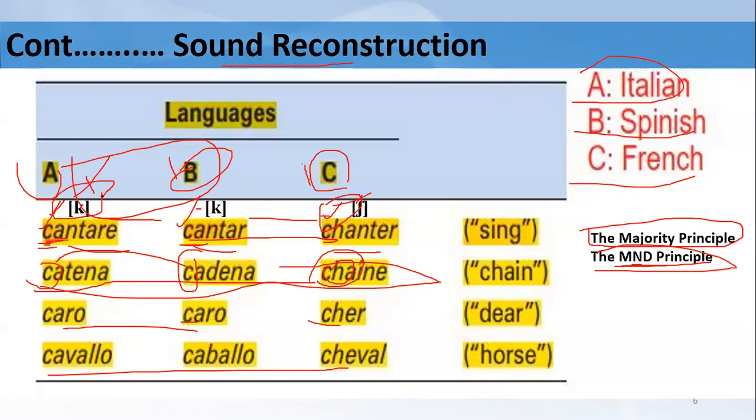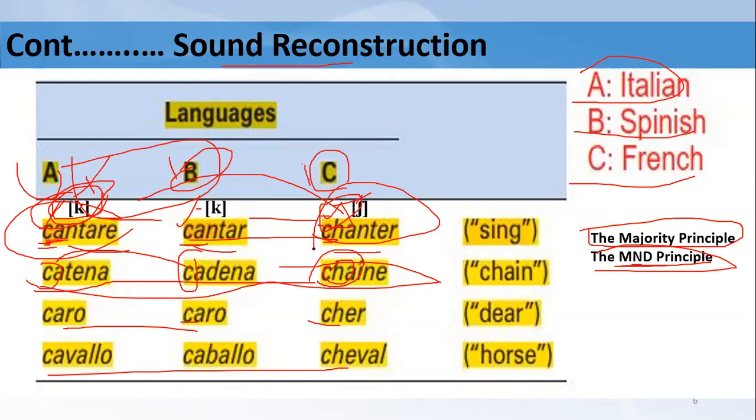It means that initially it was the ka sound, and later on it has become shanter. So the original sound, the proto form, you may say, is canter, but not shanter. Shanter is the latest form, the modern form, the new form.